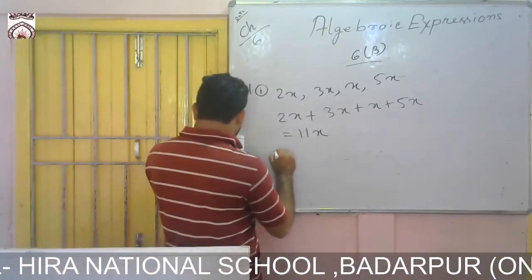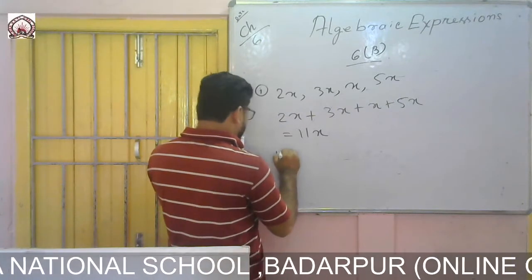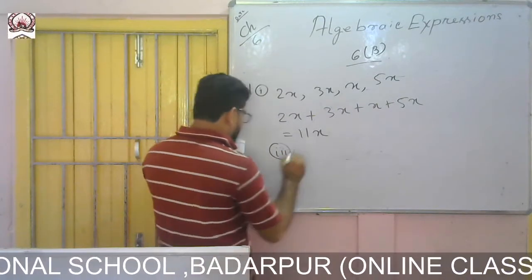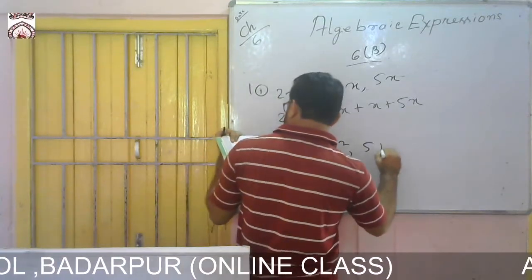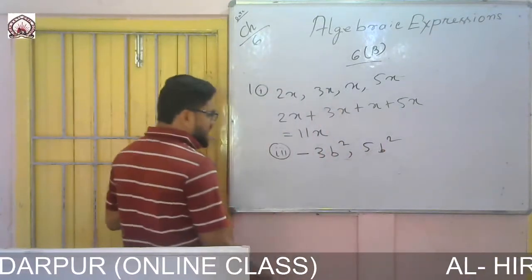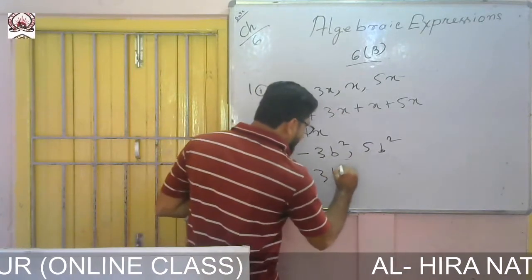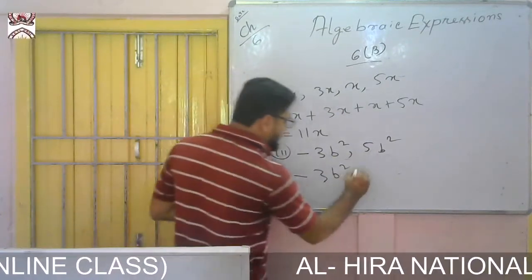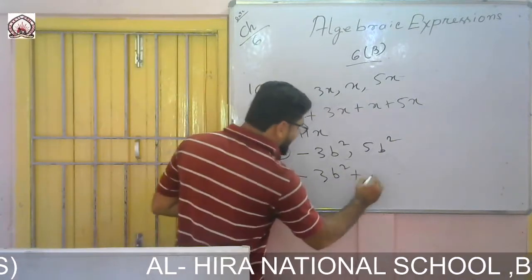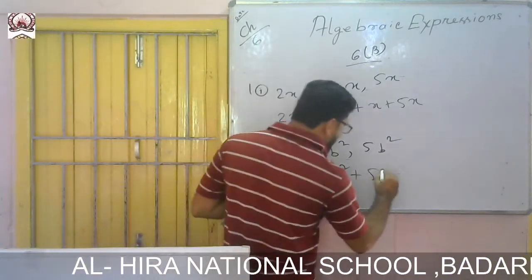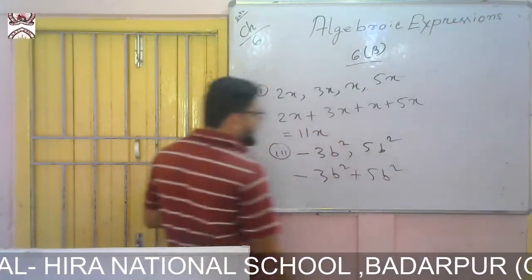Now come to question number 3. Minus 3b square, comma, 5b square. So for minus 3b square, in place of the comma I shall put plus, because we need to add it, 5b square.